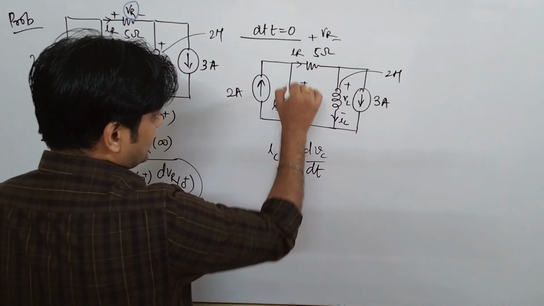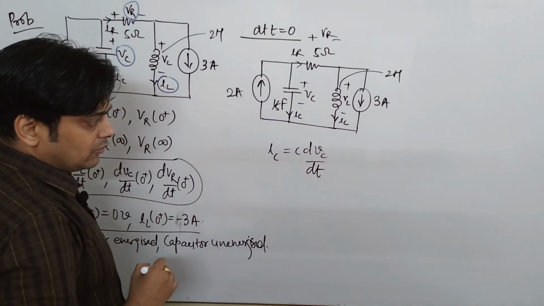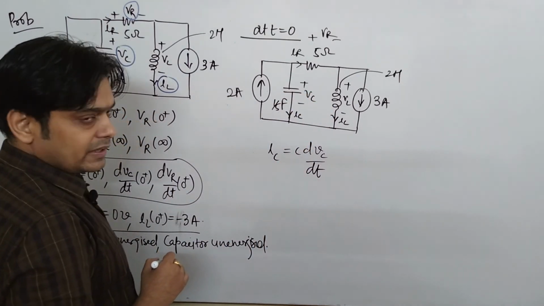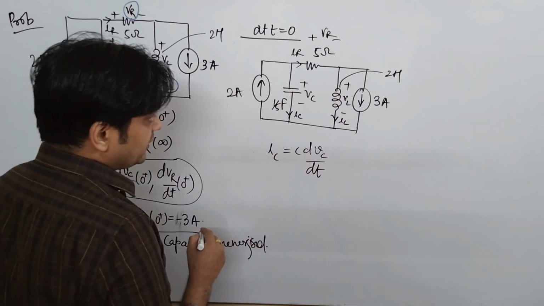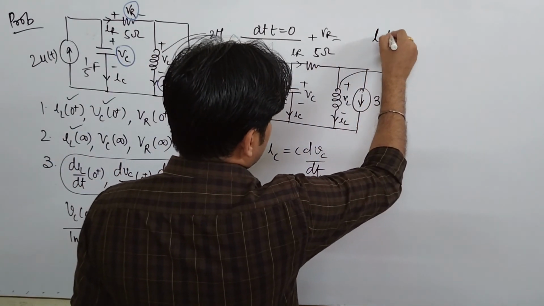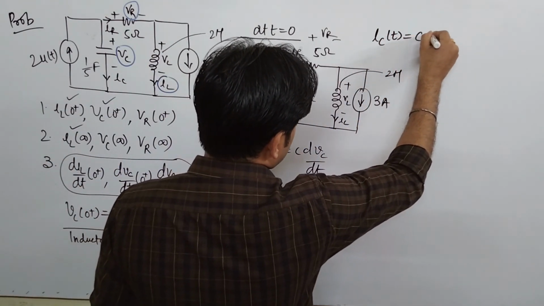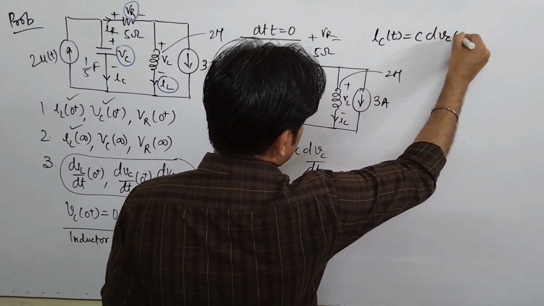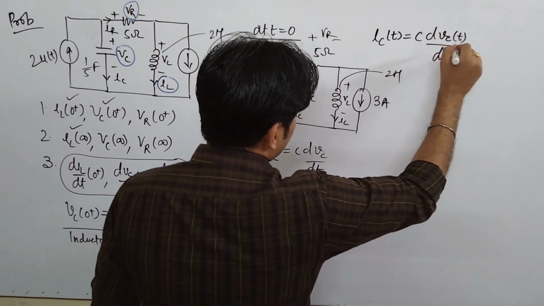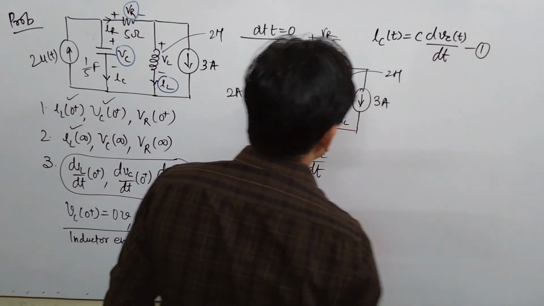The current across the capacitor you can write in this form. It is C dVc/dt. Or you can write it as IC(t) is equal to C dVc(t)/dt. Let's say this is your first.